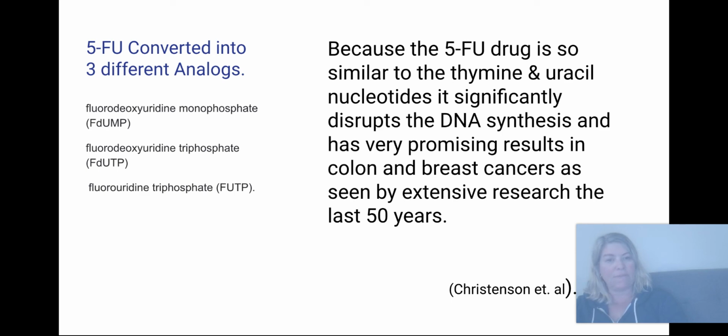So because the 5FU drug is so similar, the analog property to the thymine and the uracil, the nucleotides, it significantly disrupts the DNA synthesis, and that is why it has such promising results especially in colon and breast cancers. And as we saw, it leads to greater reduction, over 50-60% in some cases.